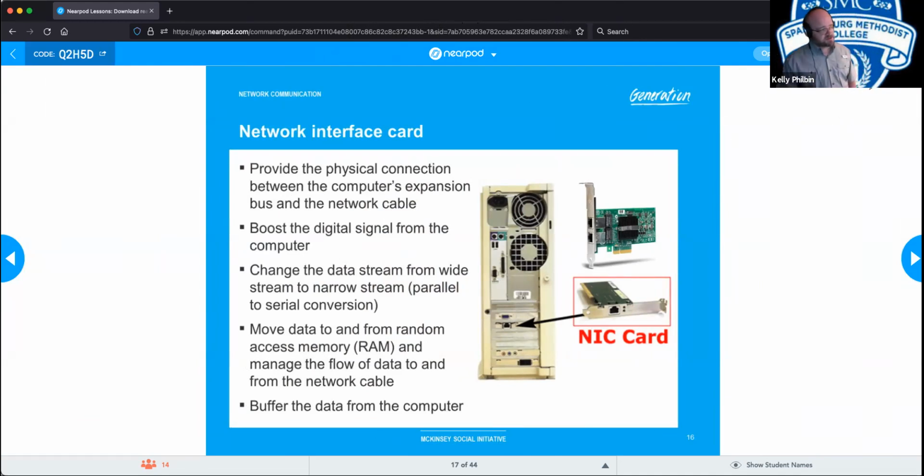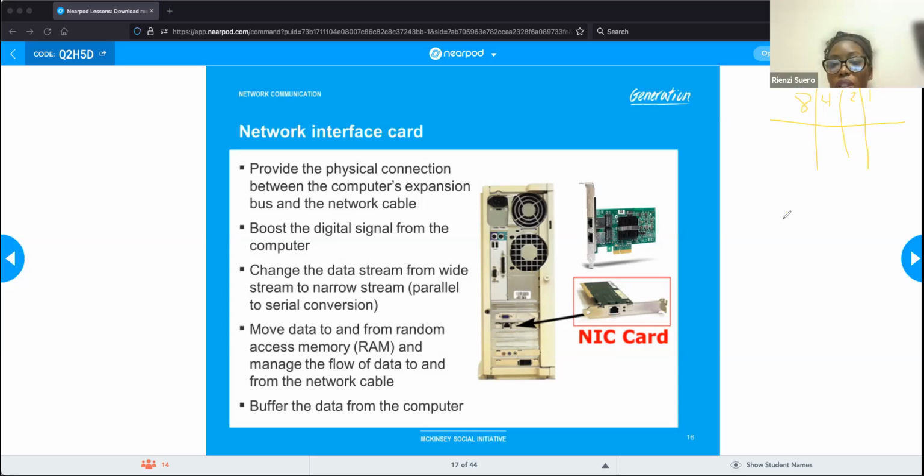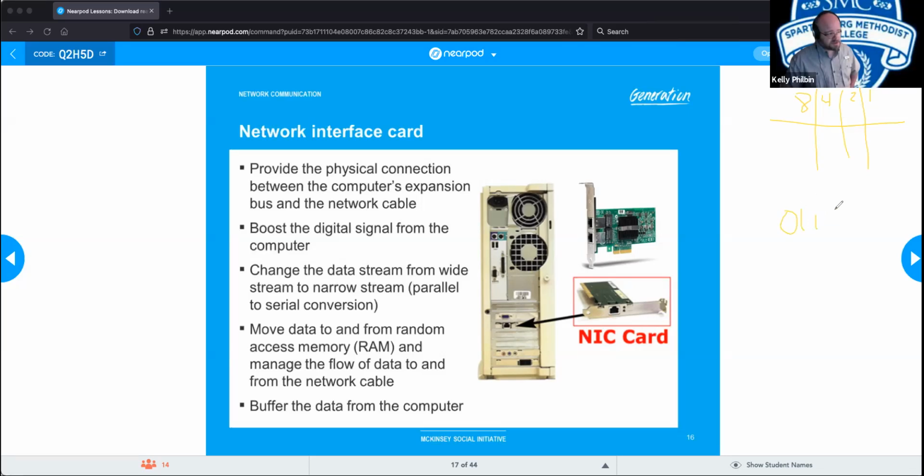Remember we have 1, 2, 4, 8. So instead of having to go all the way to 16, we only have to go to 8. Give me the binary for 6. It would be 0, 1, 1, 0.